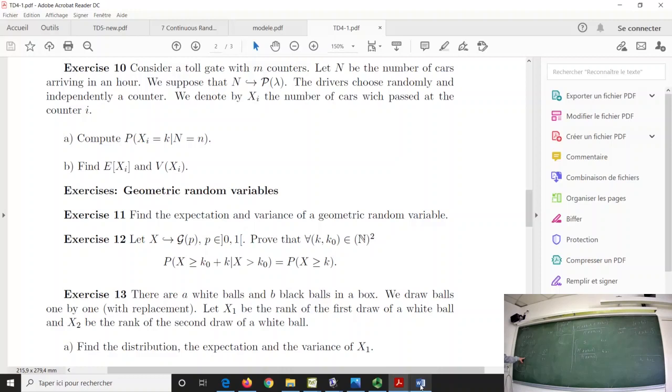p doesn't change. And I have 1 minus p to the power what? What is the power I have to plug in?